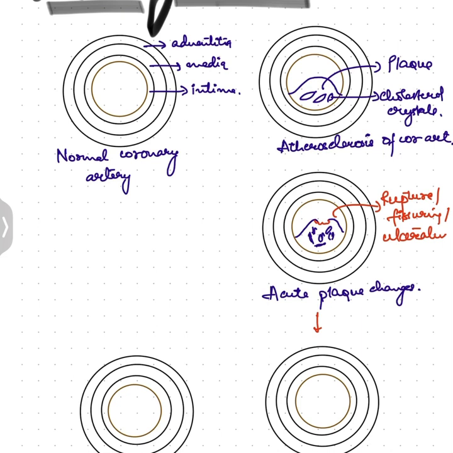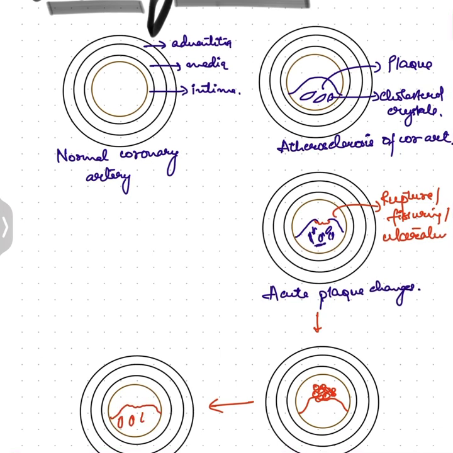They lead to platelet adhesion, aggregation, and disruption of plaque. So this is going to look somewhat similar to this, these are your platelets which are just aggregating, and this leads to formation of an occlusive thrombus.